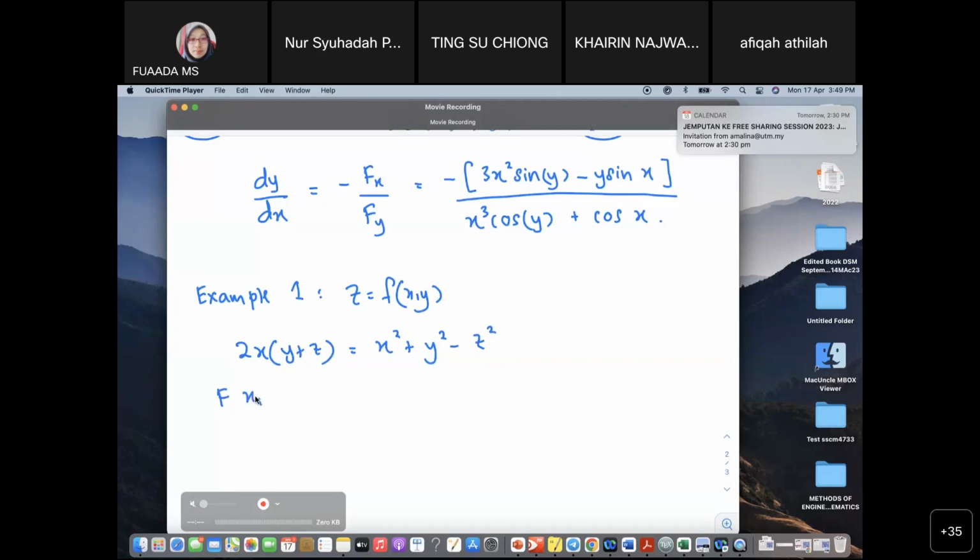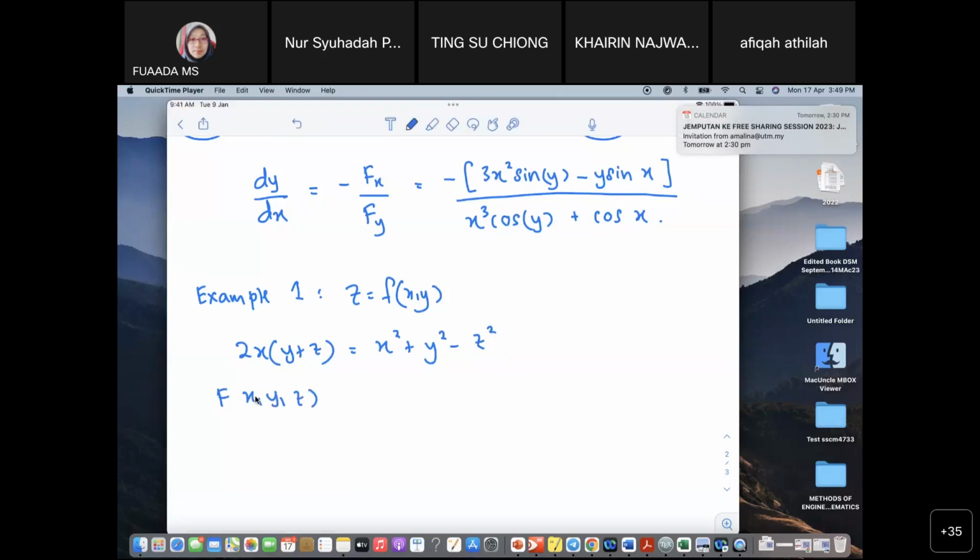So we have now this new form of function. 2xy, I expand directly: 2xy plus 2xz minus x square minus y square plus z square equal to 0.